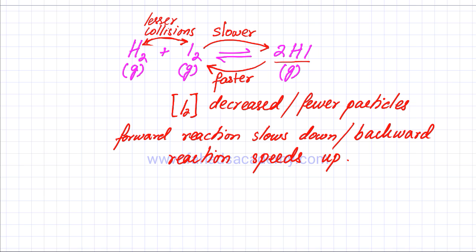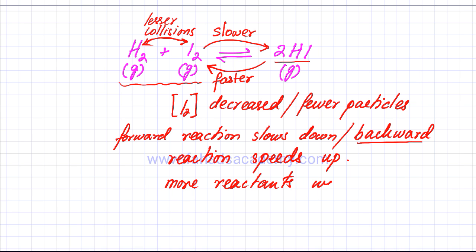And if the backward reaction speeds up, then more H2 and I2 would be produced. So more reactants would be produced.